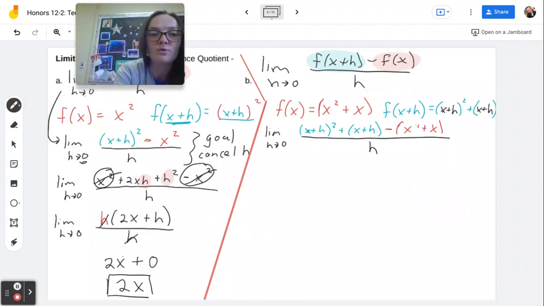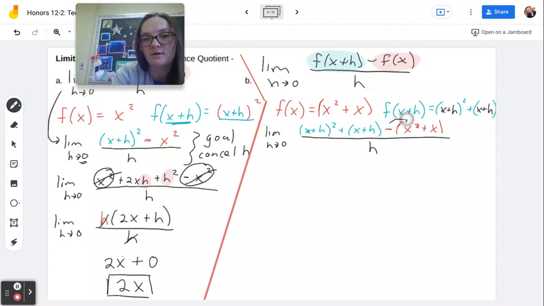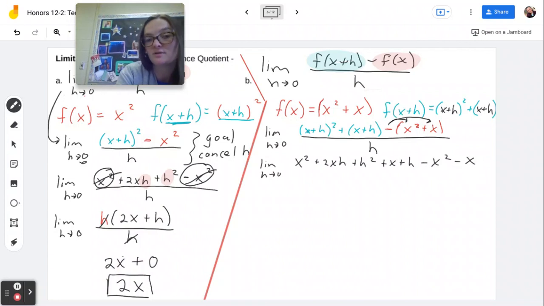Our only goal here is to cancel until h cancels. So if we use the distributive property here, this is the limit as h approaches 0 of x squared plus 2xh plus h squared plus x plus h minus x squared minus x, all over h.